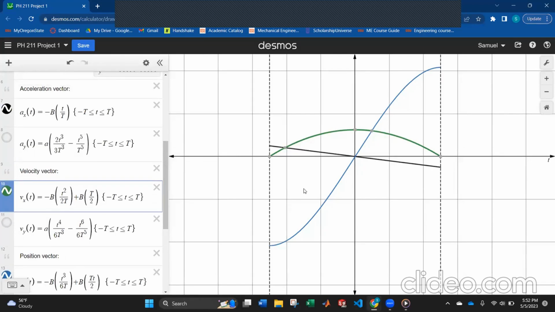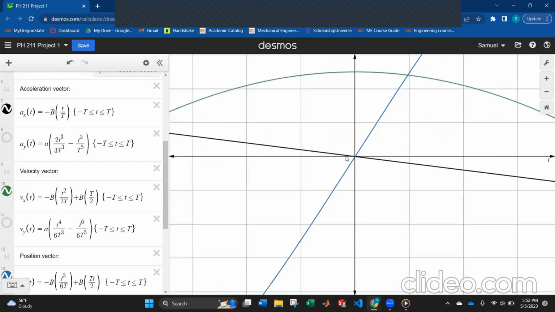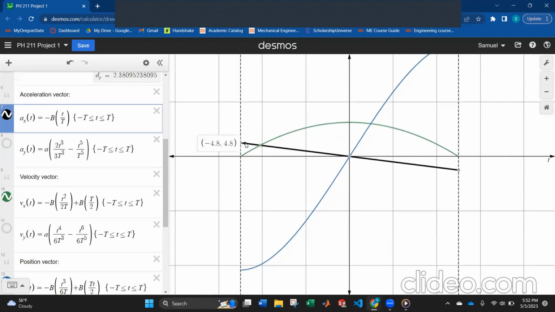Moving on, we have our acceleration graph in the X direction. You can see that it is accelerating, which is why it's concave up, and then it is decelerating after time equals 0.